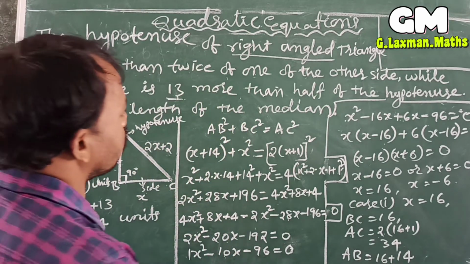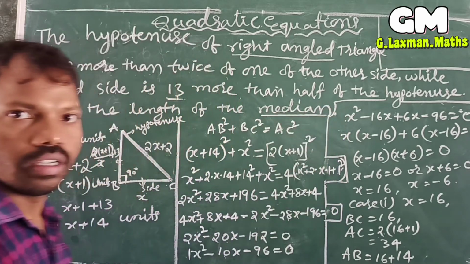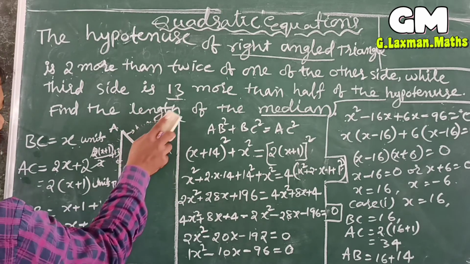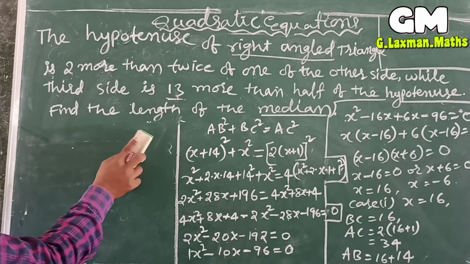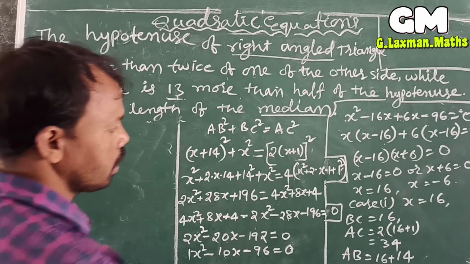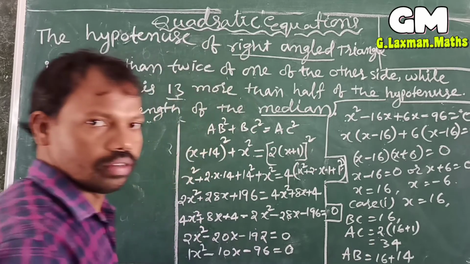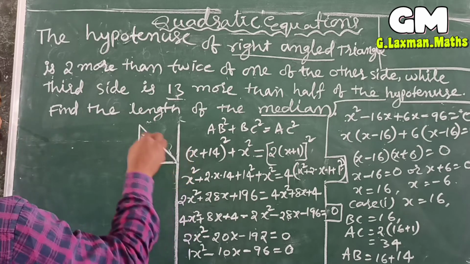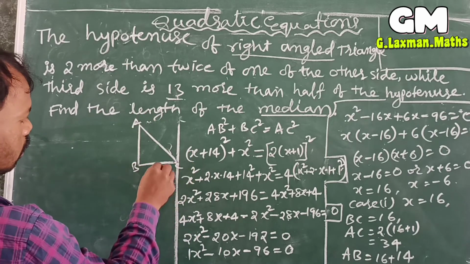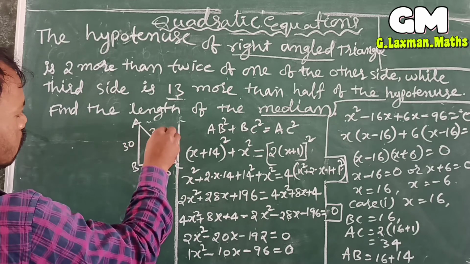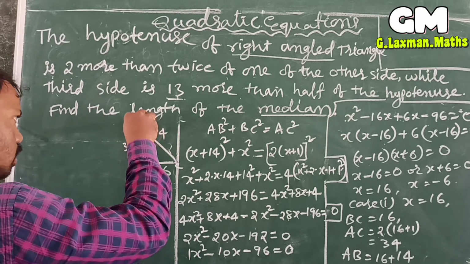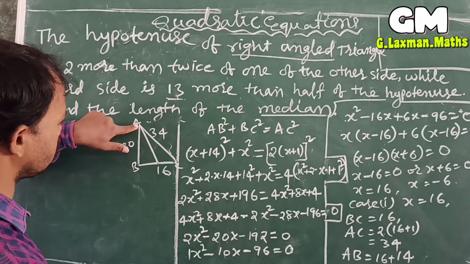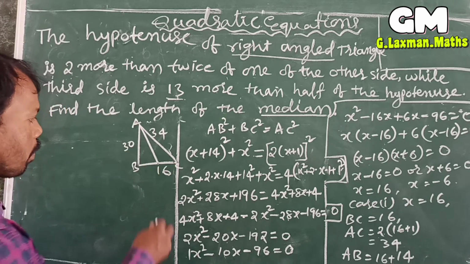But what is being asked to find out? The median. So what is a median? Here we have the lengths of BC, AC and AB: this is 16, this is 30 and this is 34. A median is the line segment drawn from a vertex to the midpoint of its opposite side.